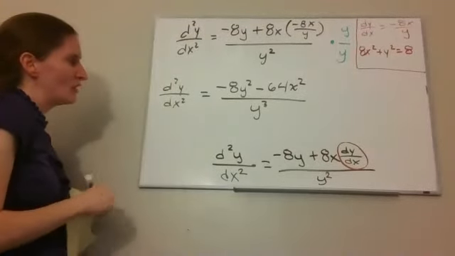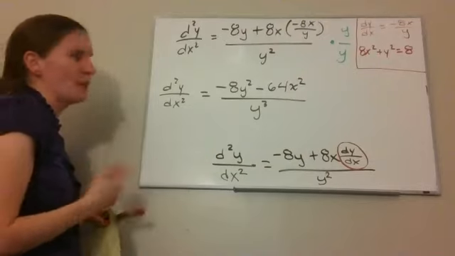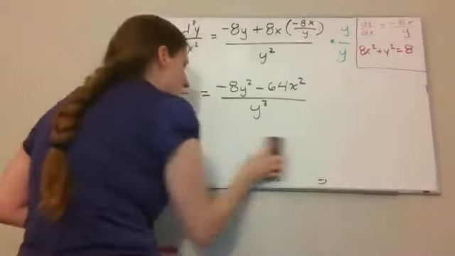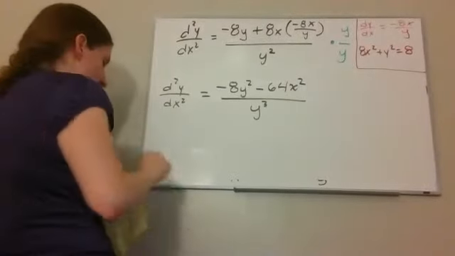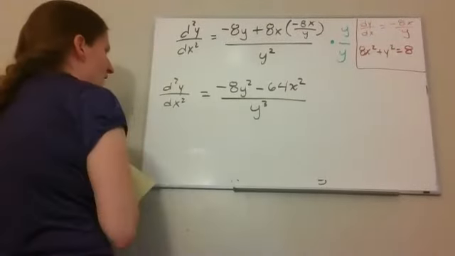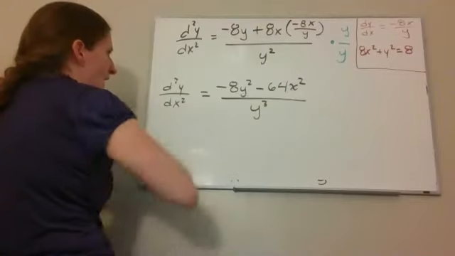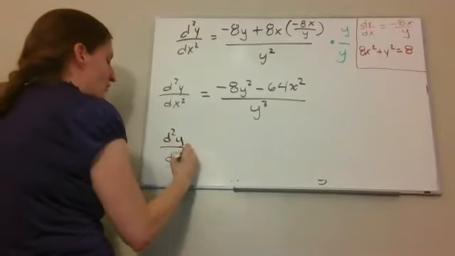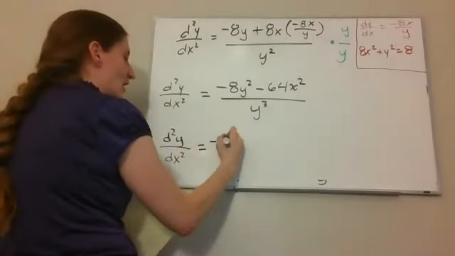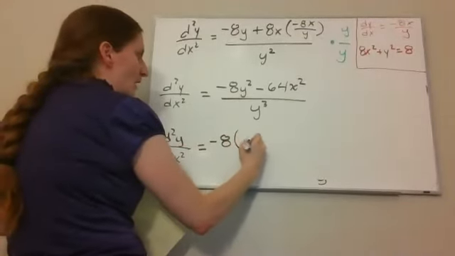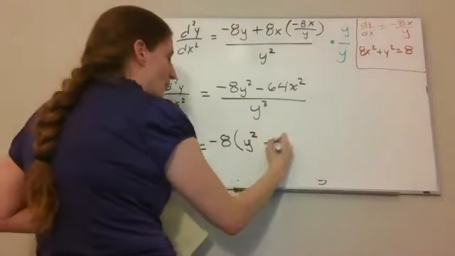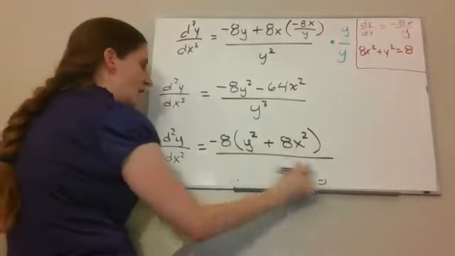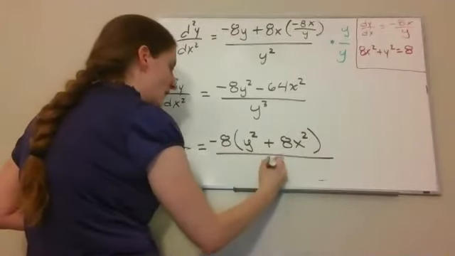And now let's just factor out a common factor from the top and just see what happens. Something I notice is in the numerator, I can factor out a negative 8. Both of my terms in the numerator have a negative 8 in common. So I would get y squared plus 8x squared inside those parentheses.